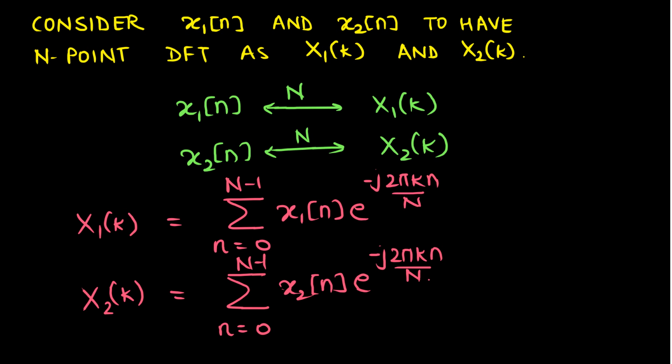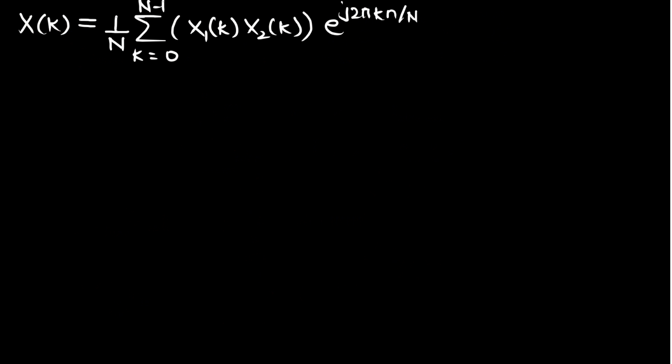So now let us consider a discrete Fourier transform, that is X of k, given as X1 of k multiplied by X2 of k, and let its time domain equivalent be given as x of n.